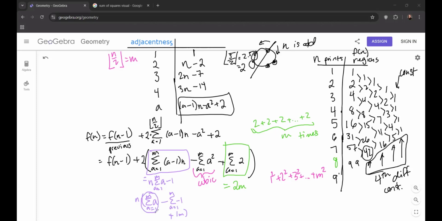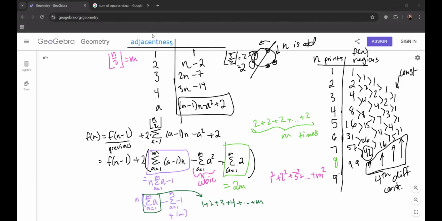When I add up a, so I'll use a dark green, I guess, this part is the same thing as 1 plus 2 plus 3 plus 4 plus m. We're just adding up m integers.